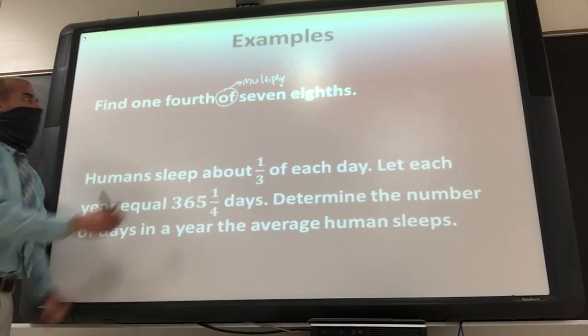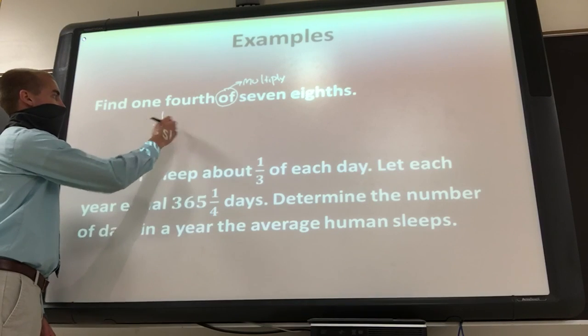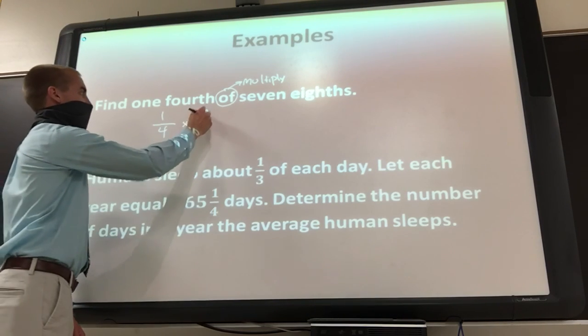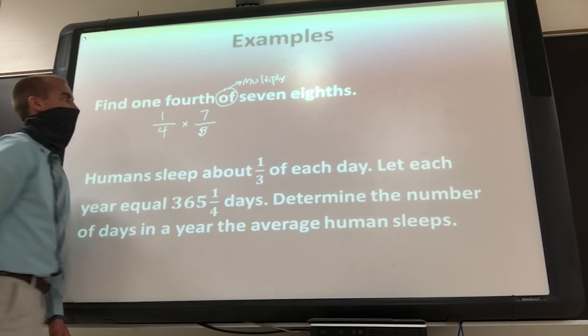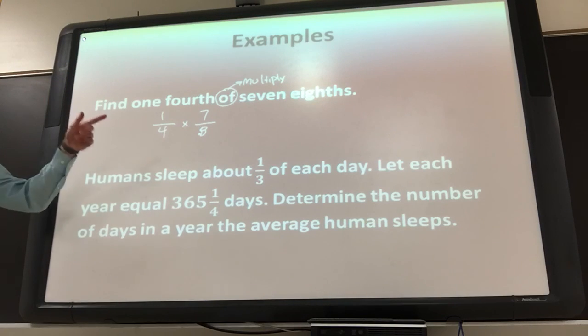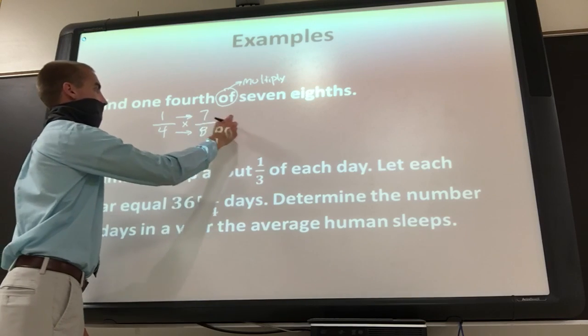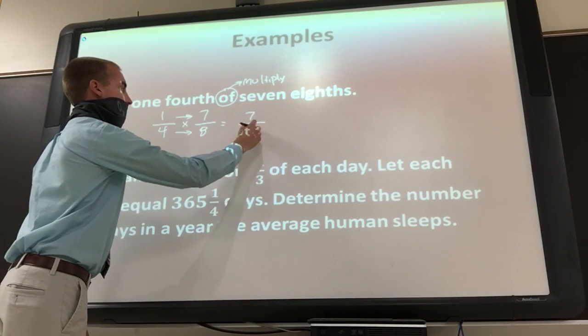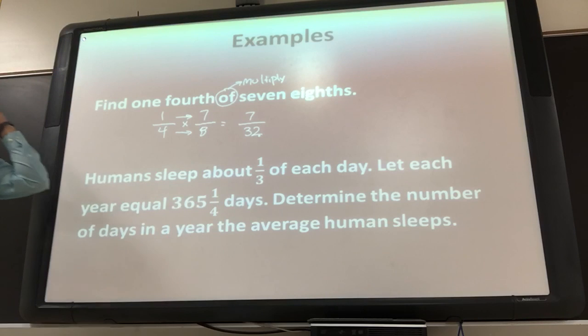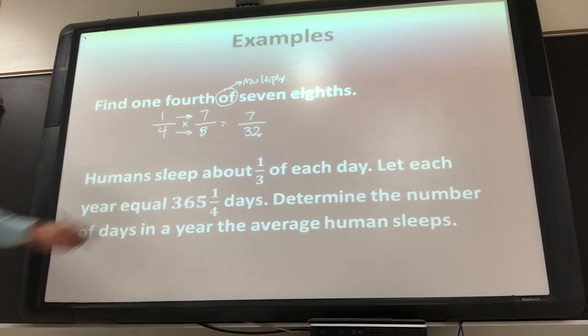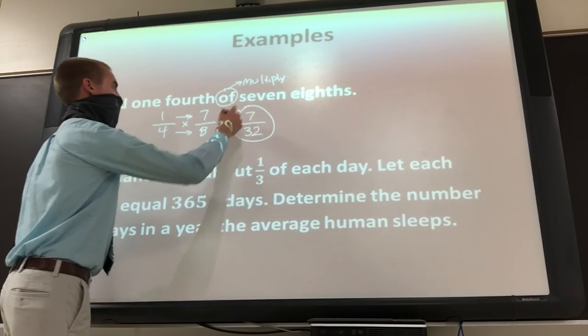So we're just going to write this as 1/4 times 7/8. And then multiply straight across. So 1 times 7 and 4 times 8. We get 7/32. And we can't simplify that anymore, so that would be our answer. 7/32.